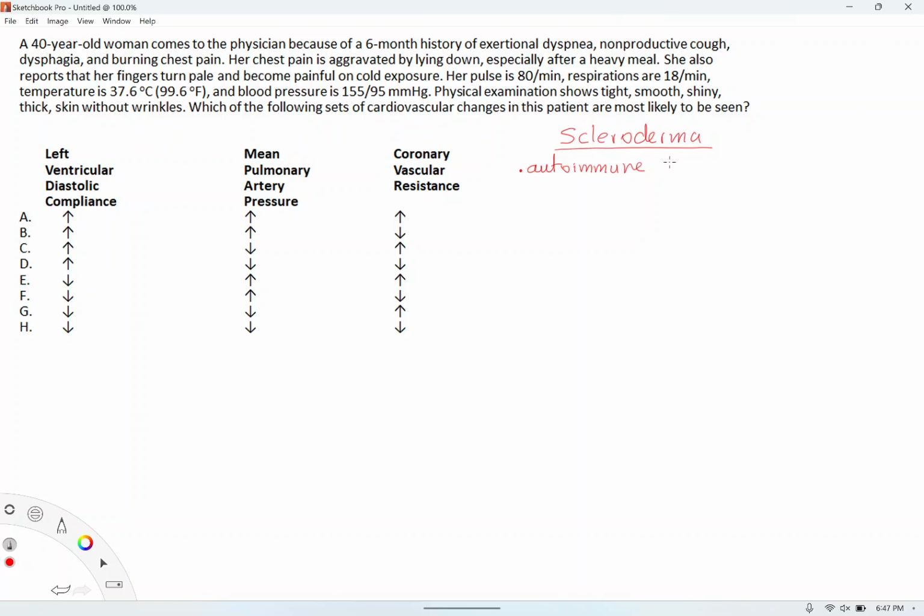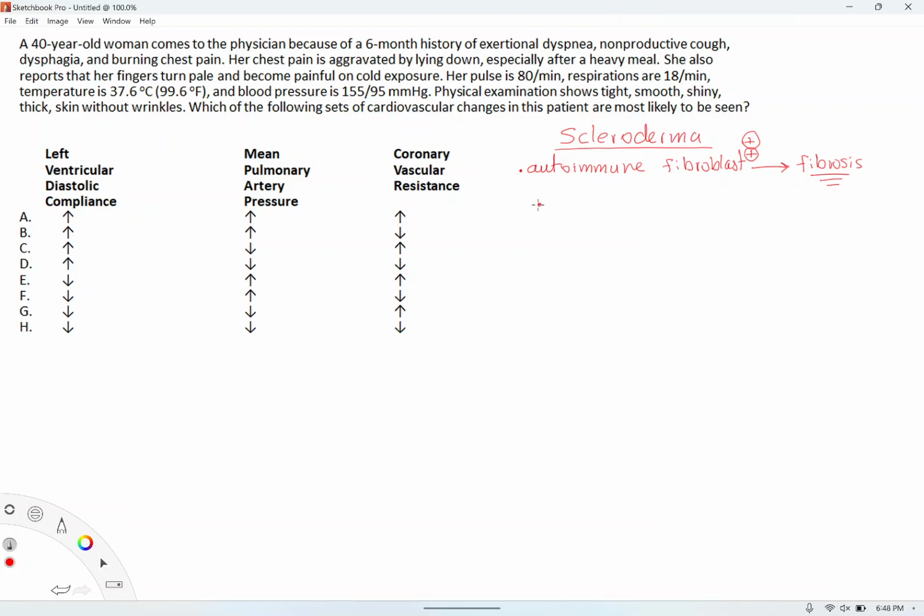It's autoimmune fibroblast activation, and I will just put a plus sign, which means activation. Therefore, if you superactivate fibroblasts, they produce fibers, especially collagen, and that will lead to fibrosis. So the end result is fibrosis in multiple organs.